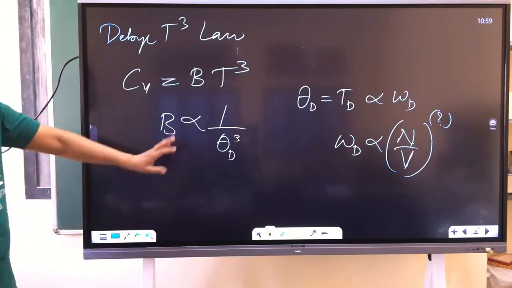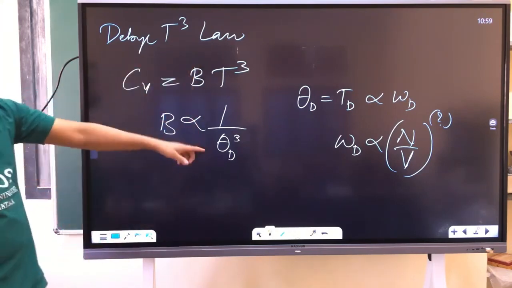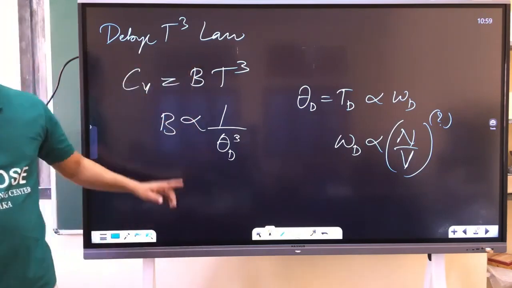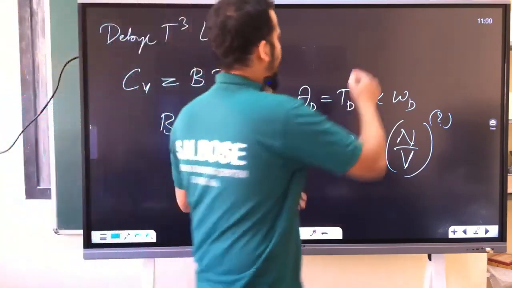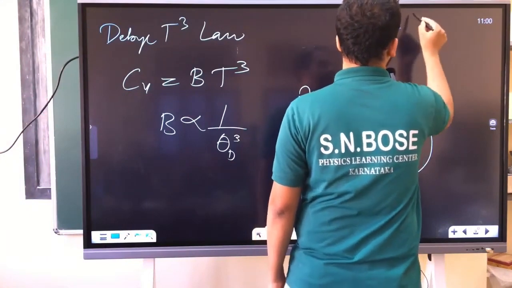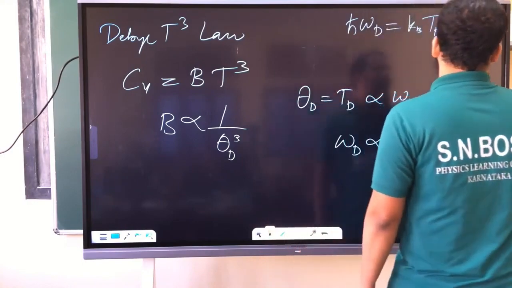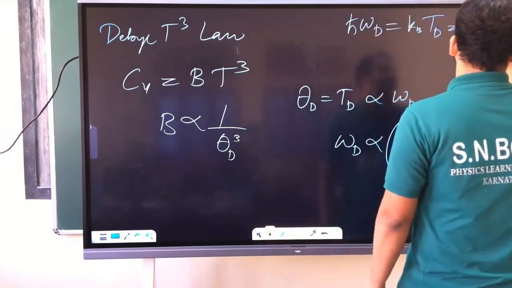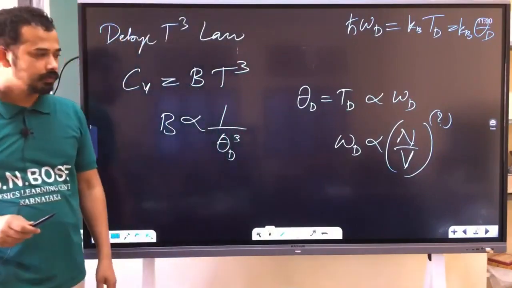This constant is inversely proportional to the Debye temperature cube or Debye frequency cube. We can say this because you got the expression h bar omega d equals kb into td or kb into theta d. Shall I proceed?